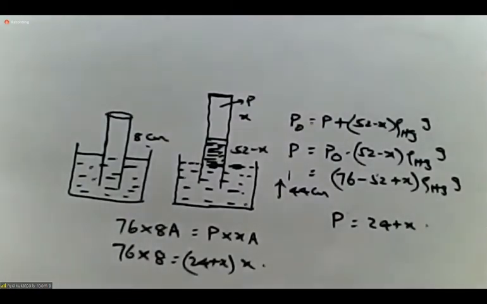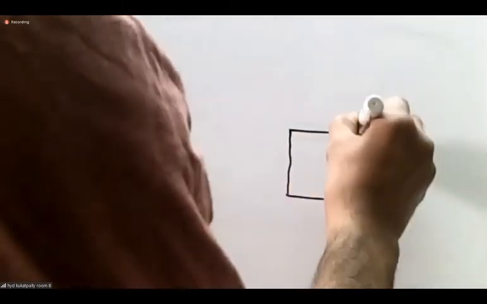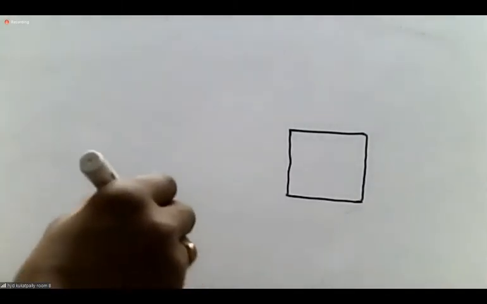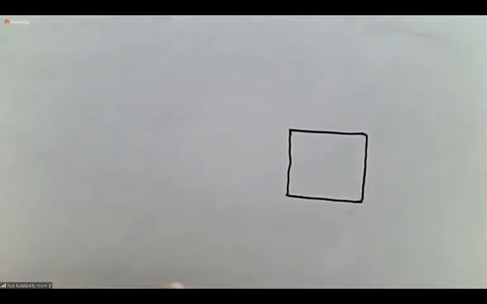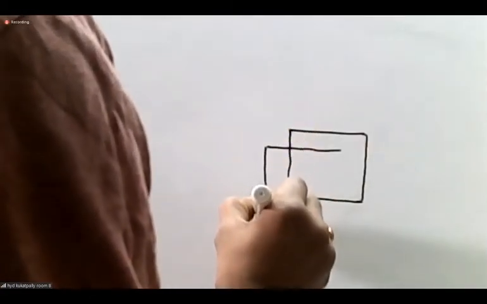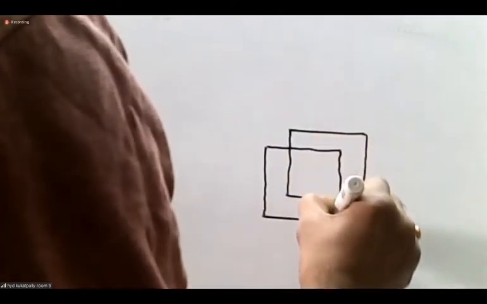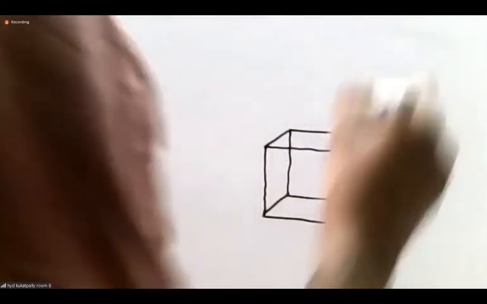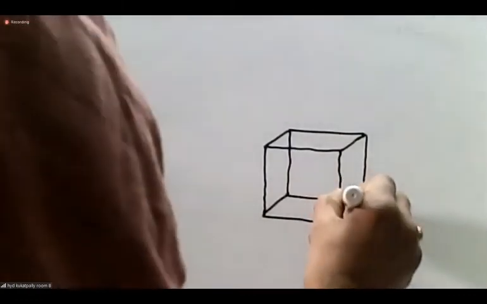Now, to understand the pressure and temperature of a gas in terms of the microscopic activities of the molecules, I am considering a cube. Pressure is normal force per unit area, so unless I have some area, I cannot calculate pressure. Therefore I am constructing a surface. For a gas, an enclosure is required. So I consider a cube of side L in which gas is enclosed, maybe hydrogen, oxygen, air, whatever it may be.